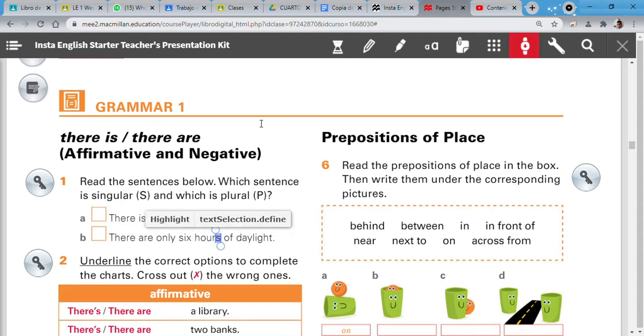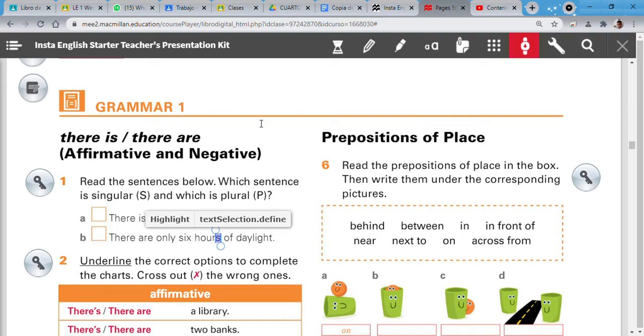There are, for example, there are 10 books. There are 7 students. There are 100 people, for example. There are 20 cars. There are 10 dogs.